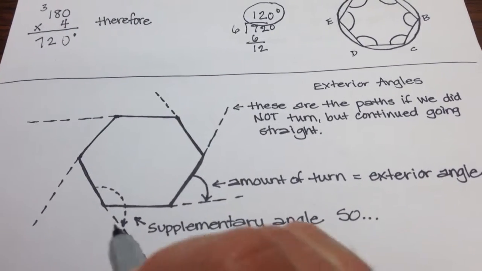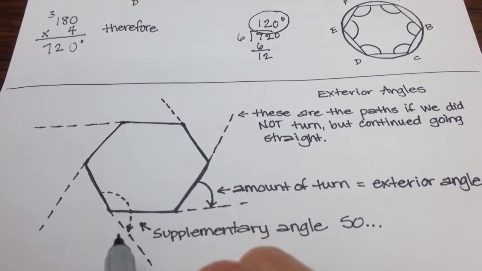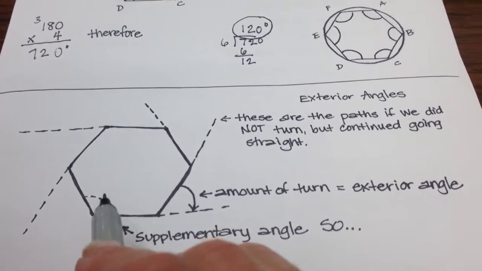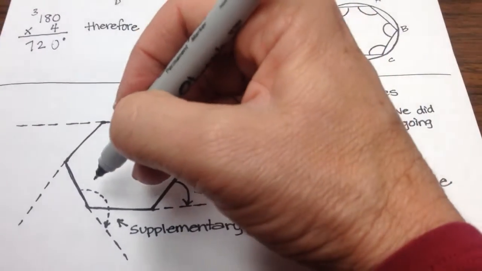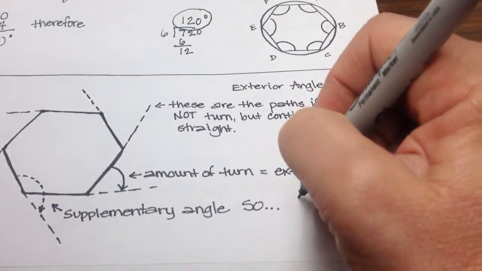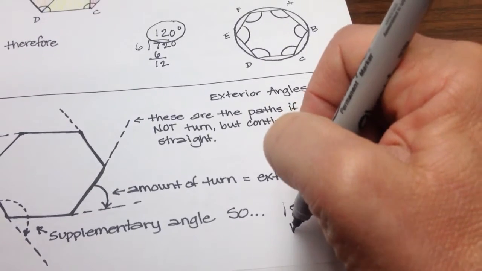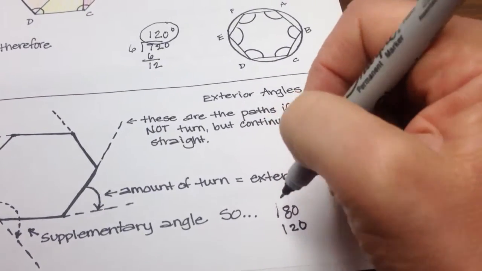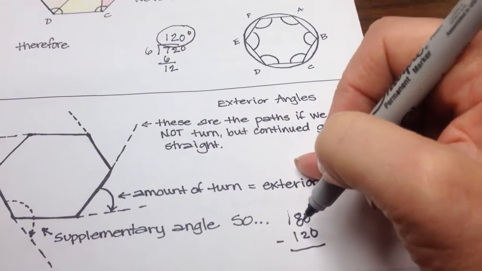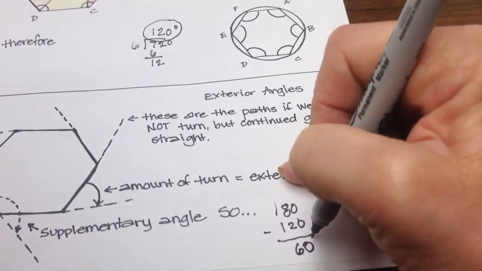Now, look, if this makes a straight line, what would this be? This would be a supplementary angle, which means what? If this is 120 and a straight line is 180, we simply take 180, subtract 120, and you're going to get 60 degrees.